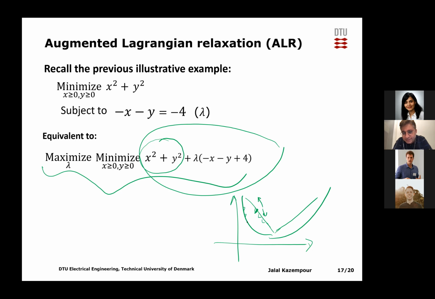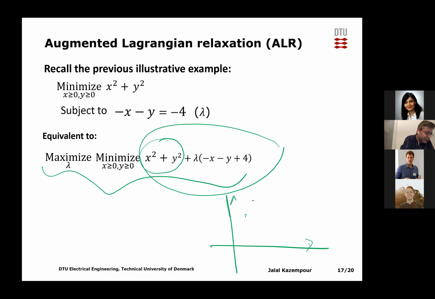Is it clear? But if our original objective function has a linear profile, then, for example, we start from this point, we get a slope, but we have no idea which direction we should go in the next iteration, because the slope all over this feasible space is equal.